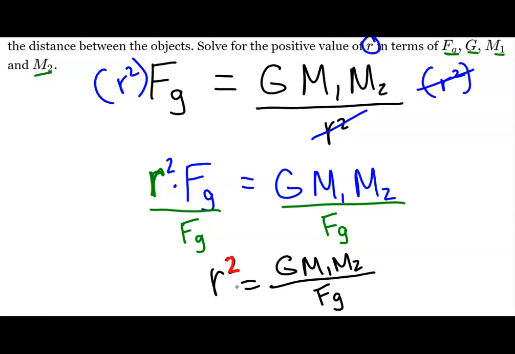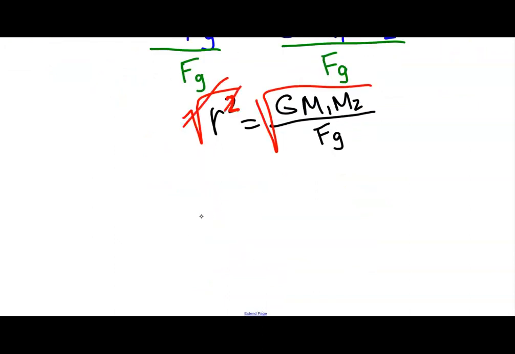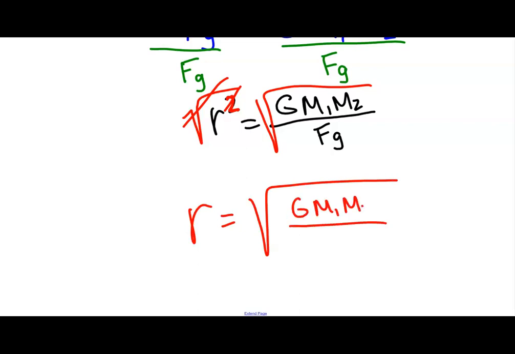The square is the inverse of a square root. So you simply put a giant square root sign over that whole fraction. Your answer will be r is equal to the square root of g times m1 times m2 divided by fg. That's it.